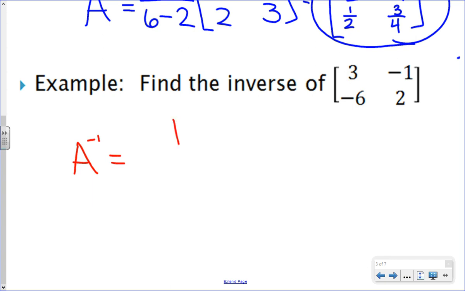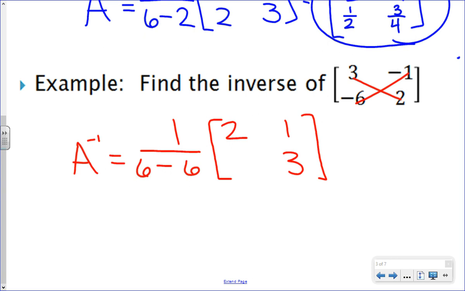We're going to take 1 over criss minus cross. And just for good practice, let's remember that we would switch 2 and 3, and we would negate -1 and -6. Now, what's the problem?